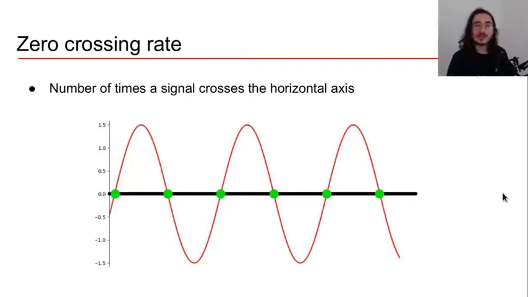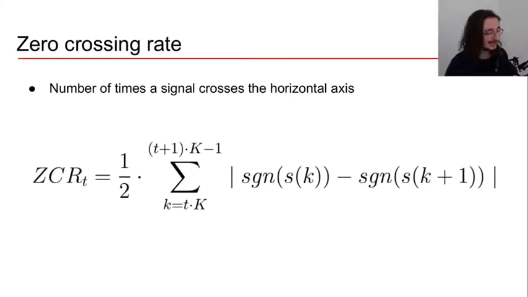Okay, now the question is, how do we calculate the zero crossing rate mathematically? Well, here you have the formula for that. Once again, don't be scared about this. We'll just break it down. The basic intuition here is that we compare the amplitude value for consecutive pairs of samples, and we look at whether there are differences in the signs of those amplitudes for those consecutive samples.